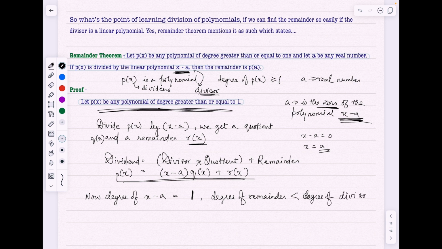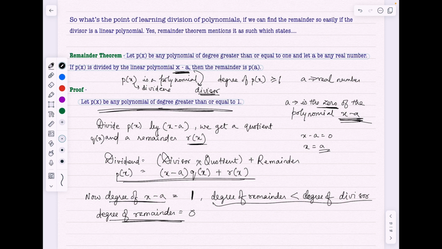This is a fact. Since the degree of the divisor is 1, the degree of the remainder should be 0. There is nothing less than 0, no? Power cannot be negative, so the least is 0. So the degree of the remainder is 0.